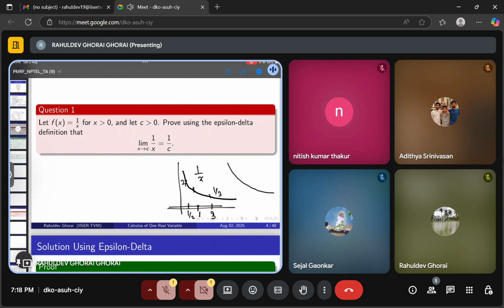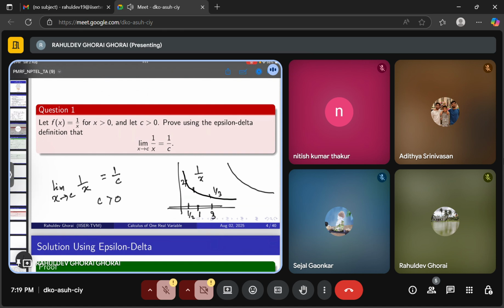What you see is as x tends to half, y tends to 2, or as x tends to 3, y tends to 1 by 3. So what is the meaning of the limit x tends to c of 1 by x? That limit should be 1 by c when c is positive. When c is 0, you don't have this finite limit. So I am fixing that c is strictly greater than 0.